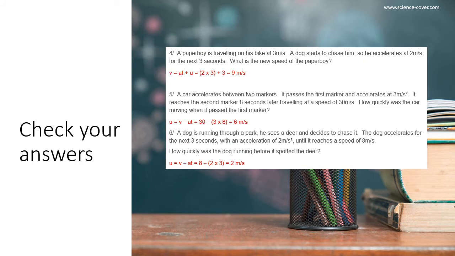In question 4, the speed of the paperboy is 9 meters per second. In question 5, the initial speed of the car is 6 meters per second. And in question 6, the initial speed of the dog was 2 meters per second.